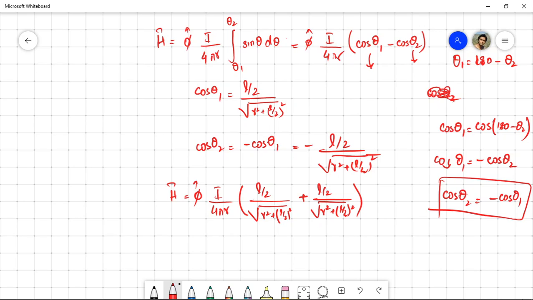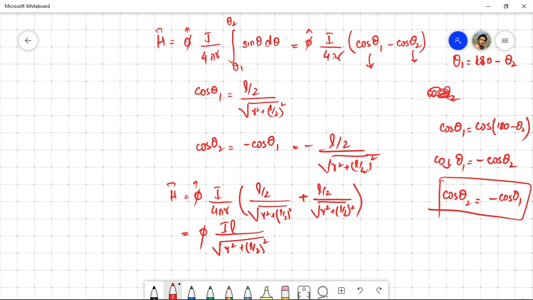When we add these two things, this will be simplified into I L over r square plus L by 2.